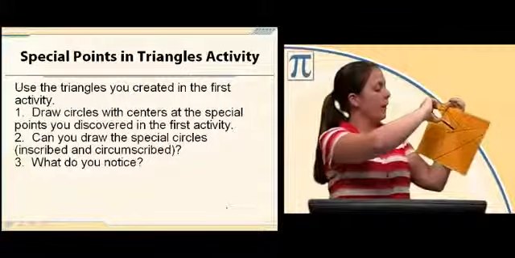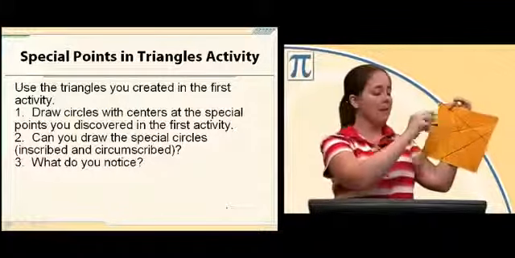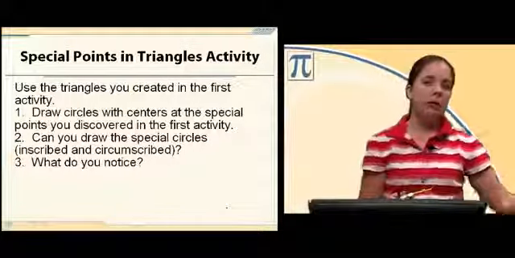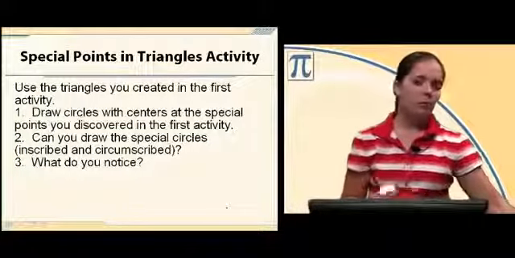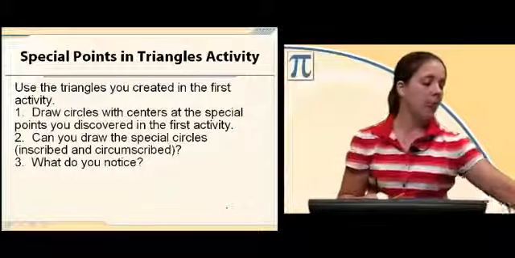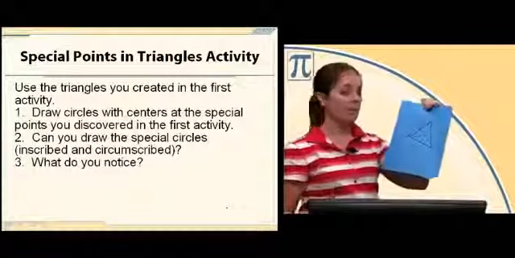Now, if you do that and then you pick up your compass and move it over, notice that it's the same distance to all 3 vertices. What that tells me is if I draw the circle in on that triangle, I'm going to end up with a circumscribed circle.